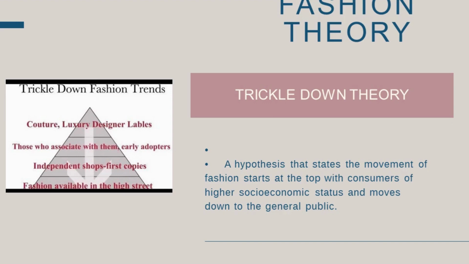It assumes that the highest fashions, or the couture, luxury, design labels, are first adopted by consumers of high socio-economic status, that is, the wealthy people. Then it moves down to the early adopters, the independent shops, then to the high streets, and then down to the masses.